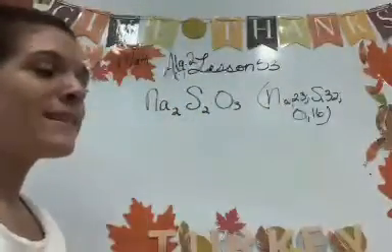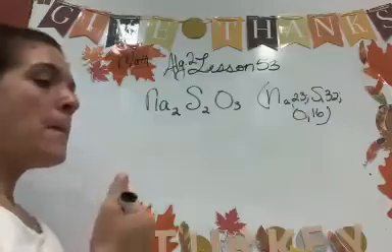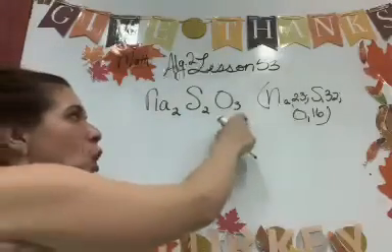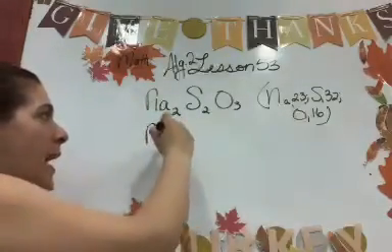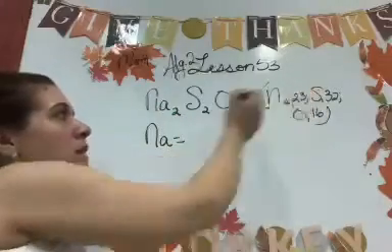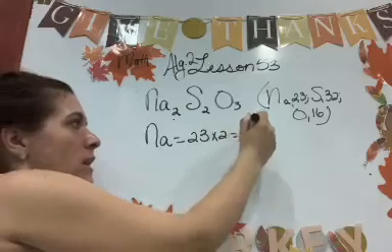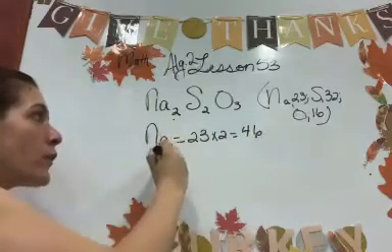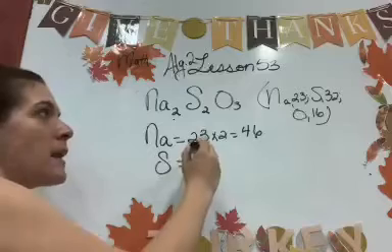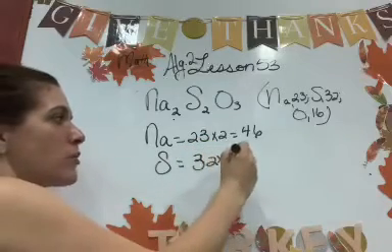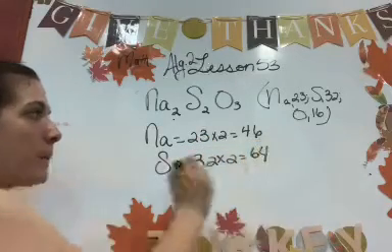Okay guys, what does that mean? That means that if you have Na2S2O3, then look what you're going to have. Na is going to be 23 times 2 atoms, so that's 46. Sulfur, there's 2 of them, and it weighs 32, so it's 32 times 2, 64.